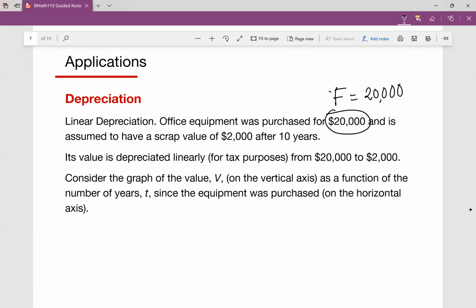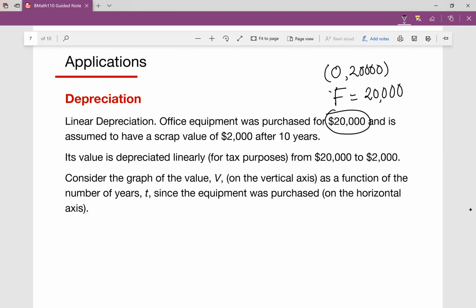And what else? Since the fixed cost is 20,000, I also have the first ordered pair (0, 20,000) for the y-intercept. You should know that, right?